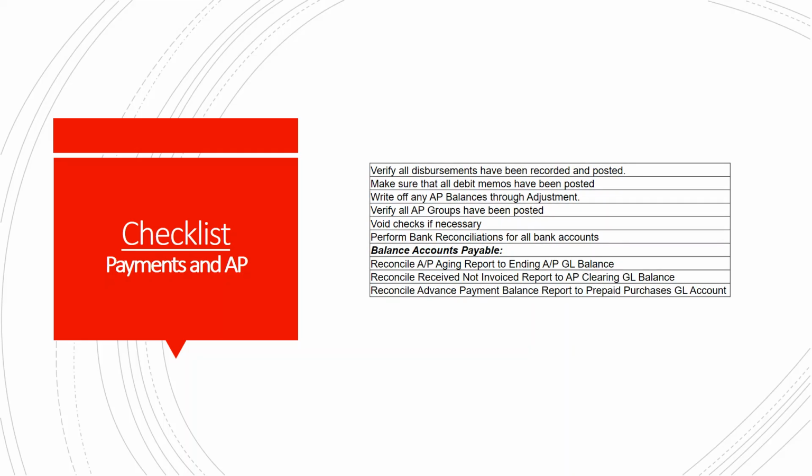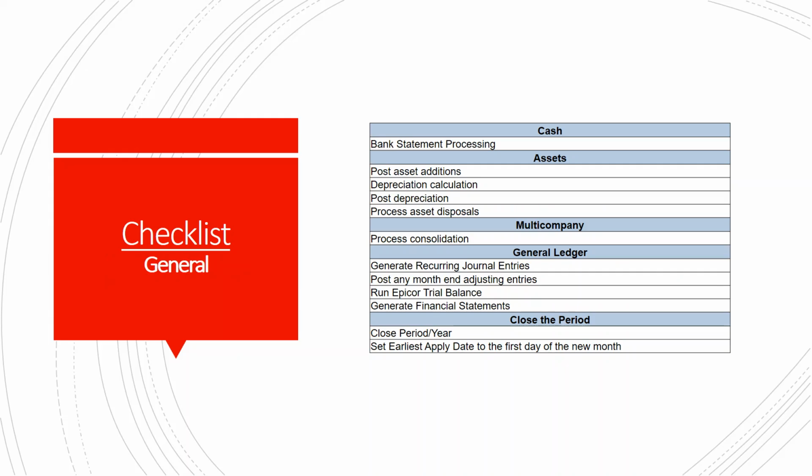Now, for a general sense, different things that we need to do: on the cash side, do our bank statement processing. If we're doing fixed asset management, we need to post any asset additions, run our depreciation calculation, and post that. That's all part of those additional modules that you may or may not have depending on what you've licensed. Same with multi-company.